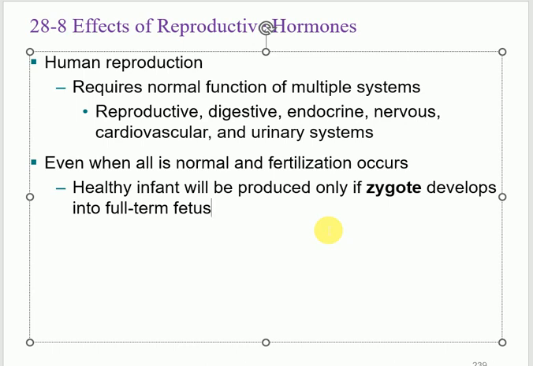The embryo, in the first 2 months, will become a fetus from the beginning of the third month until the normal term, which is 9 months. I mentioned that before: embryo versus fetus. Embryo is the first 2 months; fetus is the remainder.